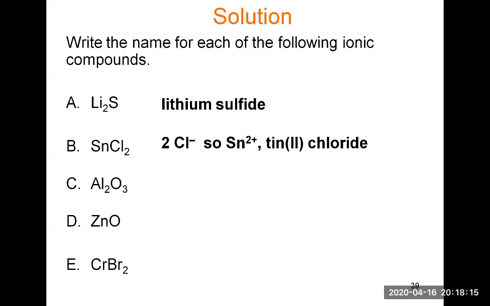The group number is the charge on the ion. So it's aluminum 3+. We know it's always aluminum 3+. And here oxygen gives the oxide ion. So you simply name it by giving the name of aluminum, then oxide: aluminum oxide. There is no need for a Roman numeral because aluminum is a predictable ion.